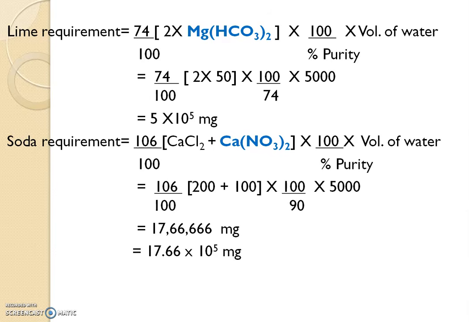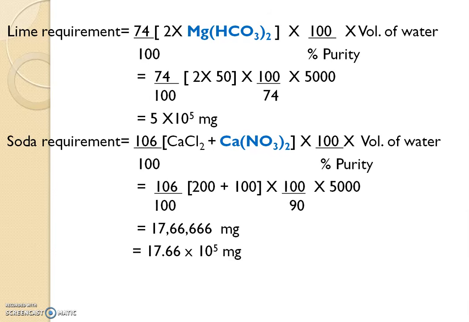So in this video we have started with the basic mathematical formula for the lime and soda requirement. Then we moved on to the first numerical, in which we use only one salt, which causes the lime requirement, for lime used for the removal of magnesium sulfate.